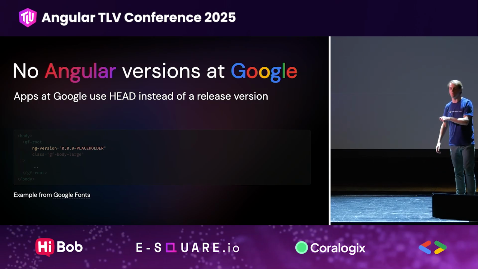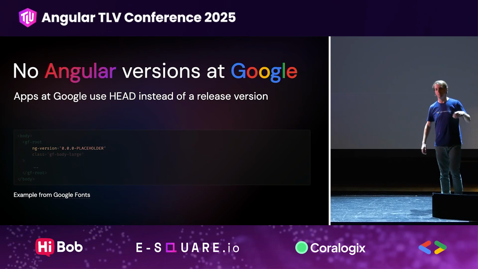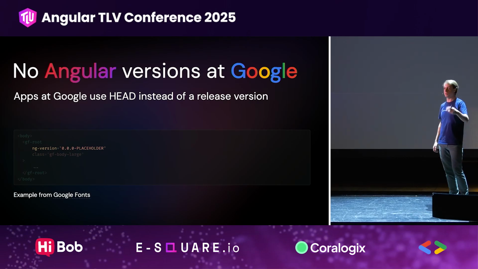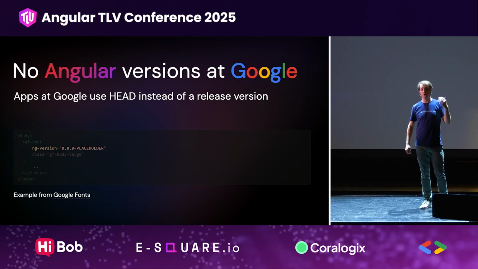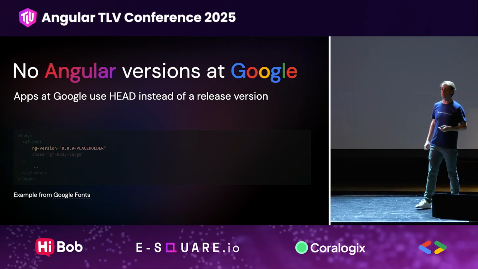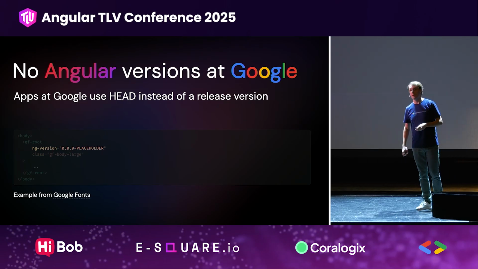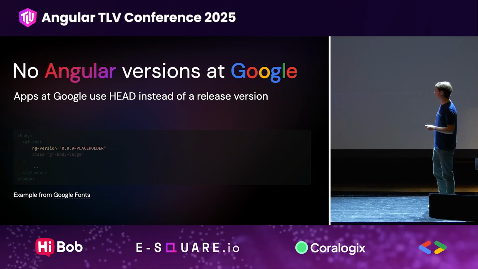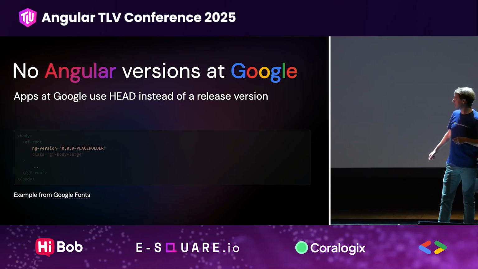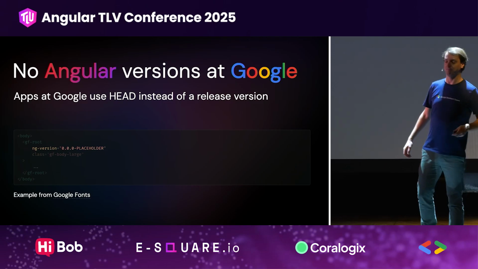You will see a 0.0.0 placeholder, meaning it was built from the monorepo at the head, so using the latest version. So all the code that is shipped is actually built on the latest version. It's shipped and tested often even before you can use it, even before we release the code on NPM. The example that I'm showing you here is from Google Fonts, which is an Angular app.